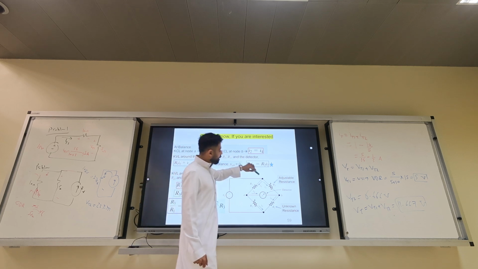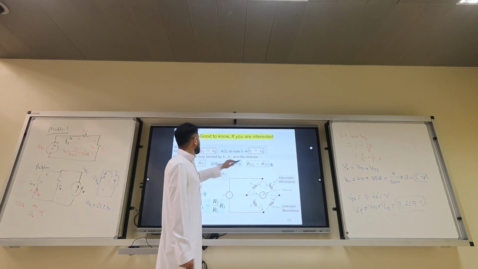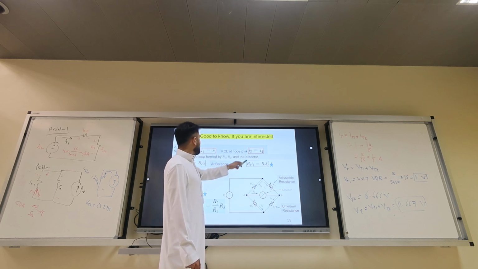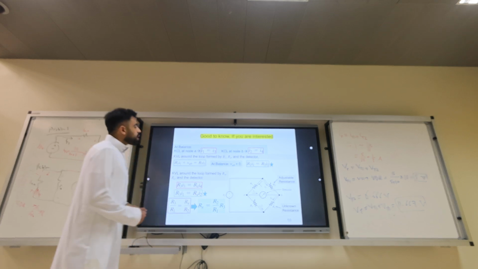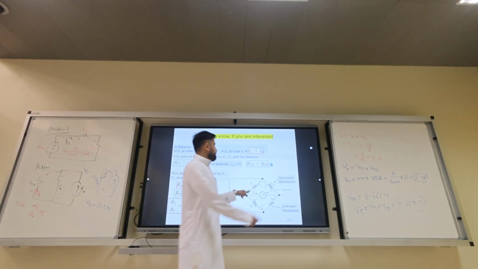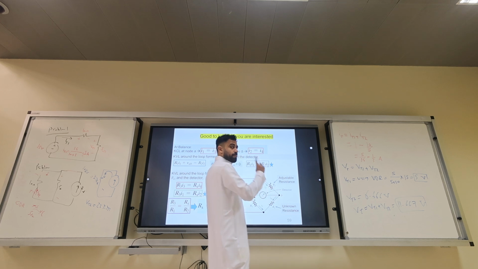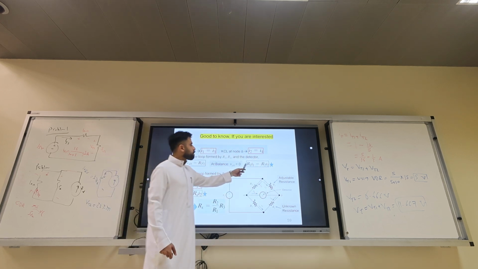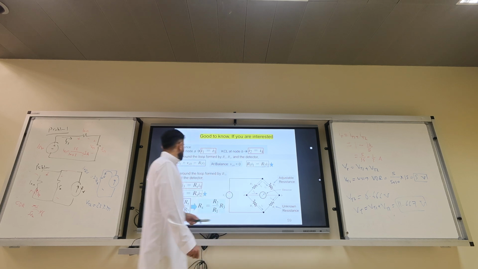KCL at node B, the whole I2 will go to I4. KVL around the loop formed by R1, R2, and the detector tells you that at balance, between A and B, the voltage drop is 0. So if you do the equation, you will have R1 times I1 equal to R2 times I2.